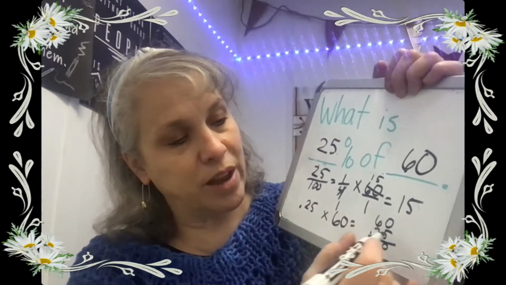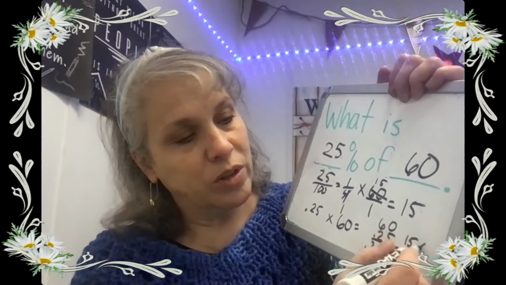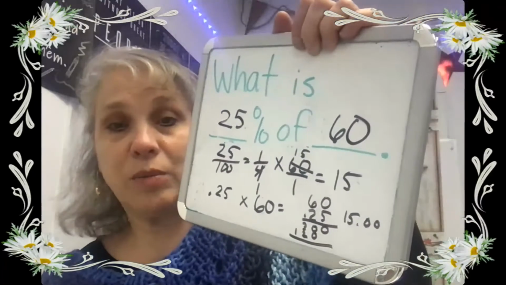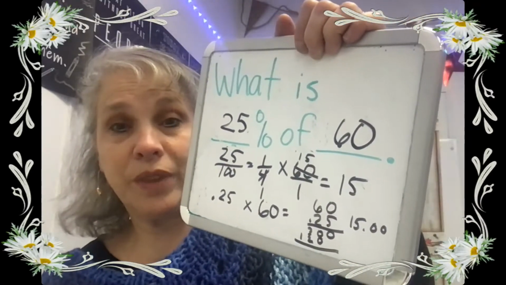And then I have to remember my decimal point, which is the same thing as 15.00. So it works both ways. So if you have a percent that is easily made into a fraction, you can do it that way. If you don't, you could just divide it by 100 and use whatever number.